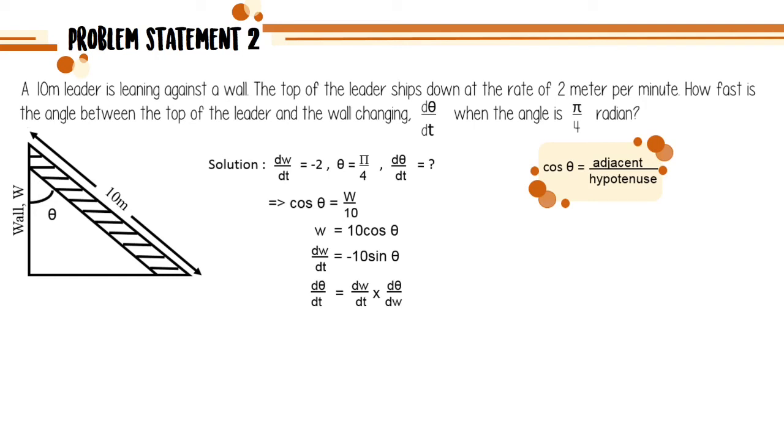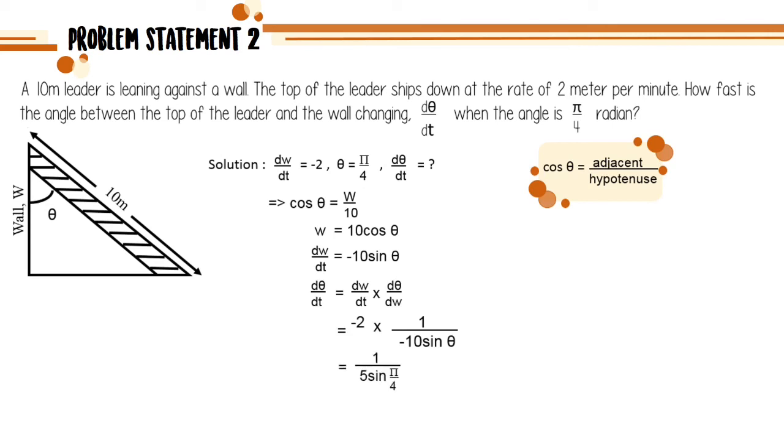Now, we need to find the rate of the angle by using dW over dt times d theta over dW. Then, we substitute the value inside the equation and information given. dW over dt is equal to -2. And d theta over dW is equal to 1 over -10 sin theta.